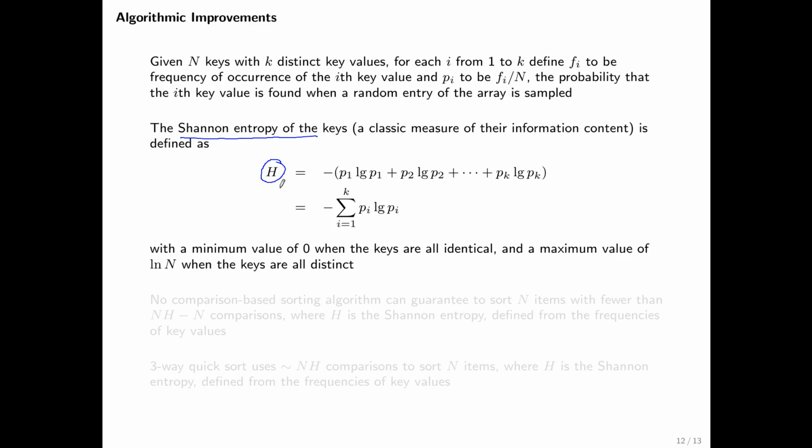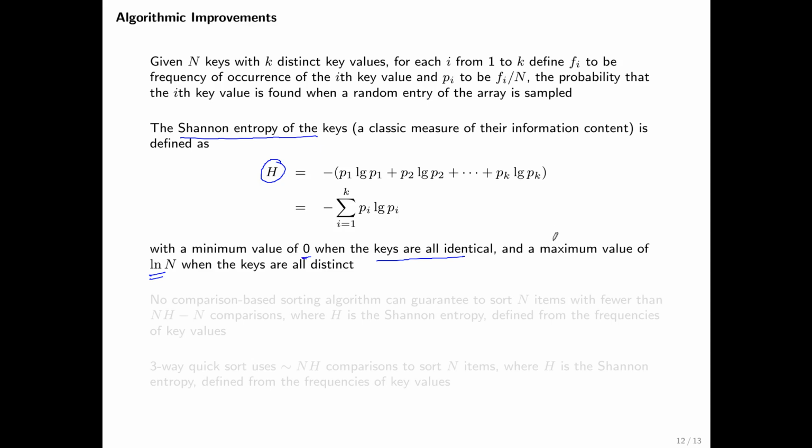So the minimum value for H is 0, and that happens when all the keys are identical. And what is the maximum value? Well, the maximum value is log n, and that happens when all the keys are distinct. So that's another extreme. One extreme is when all the keys are the same, in which case Shannon's entropy is identically 0.